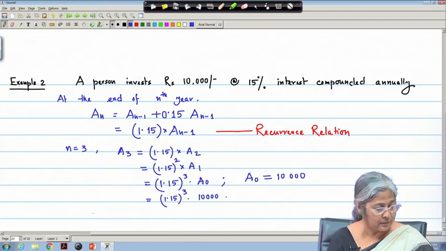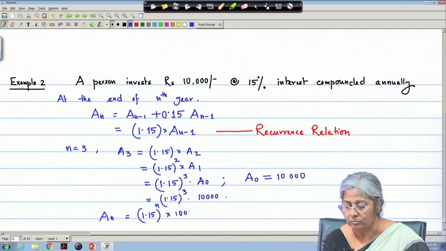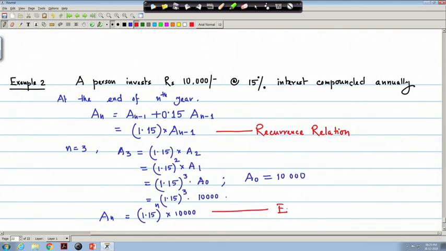I can generalize this as An equal to 1.15 whole to the power n into 10,000, and we call this an explicit formula of An. So, the recurrence relation gives how the nth term is related to its predecessors, and the explicit formula gives it directly as a function of n.